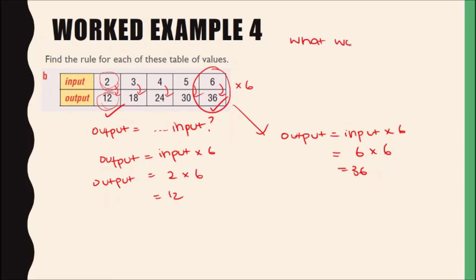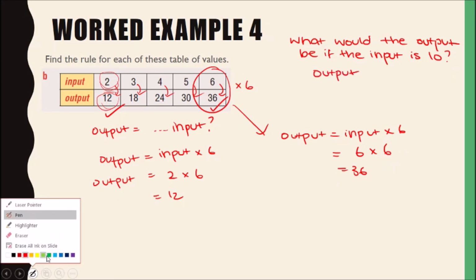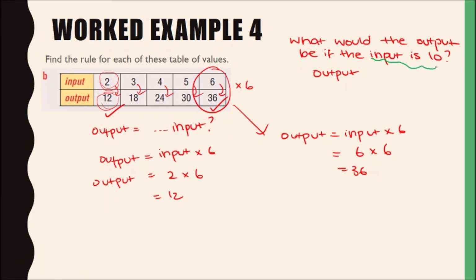What would the output be if the input is 10? And all you would do is this here. I'll just do it in a different color so you can see. Input is 10 actually means input equals 10.